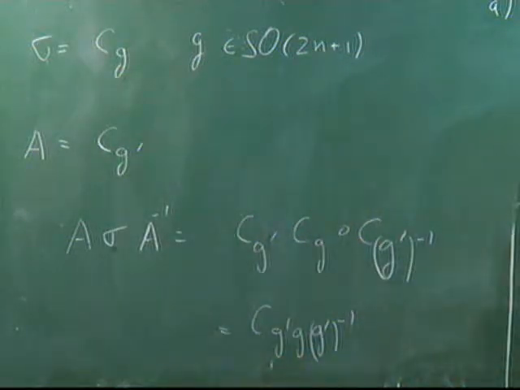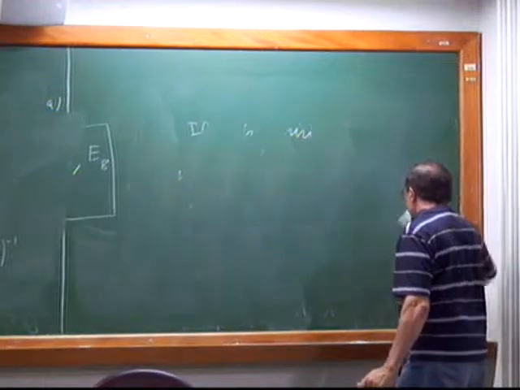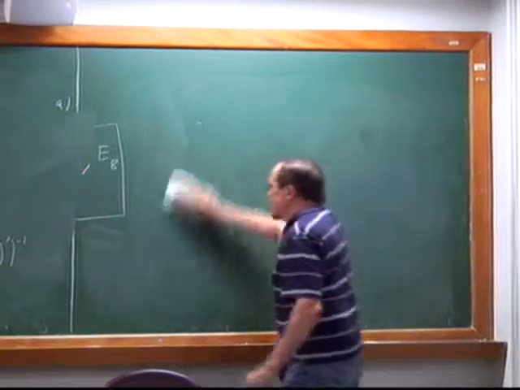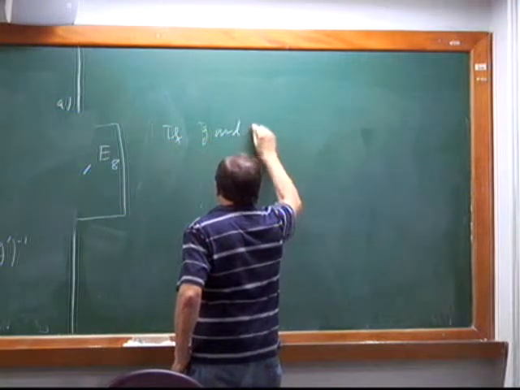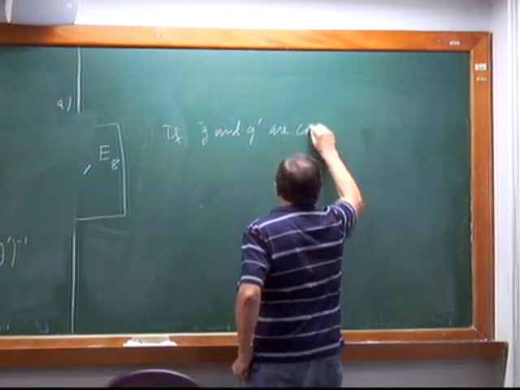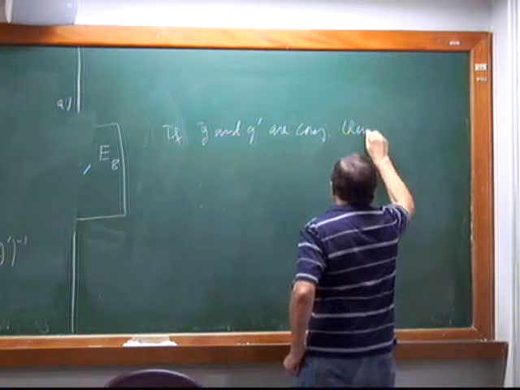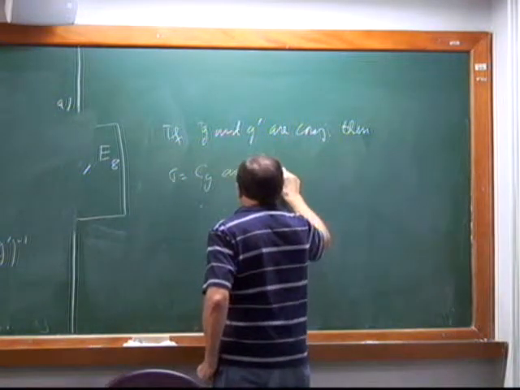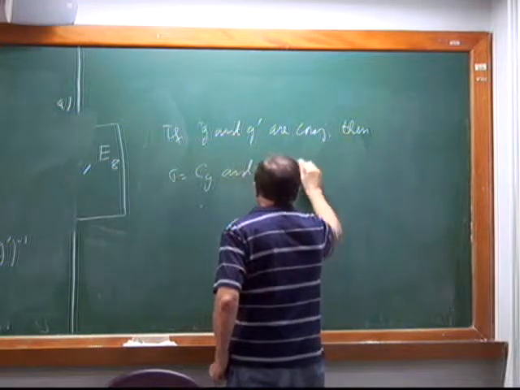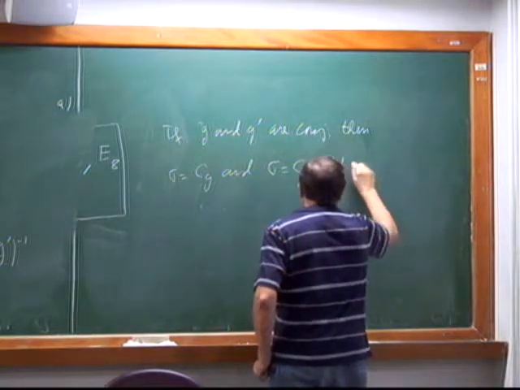So stated: if g and g prime are conjugate, then sigma equal to c_g and sigma equal to c_g prime define the same symmetric space.